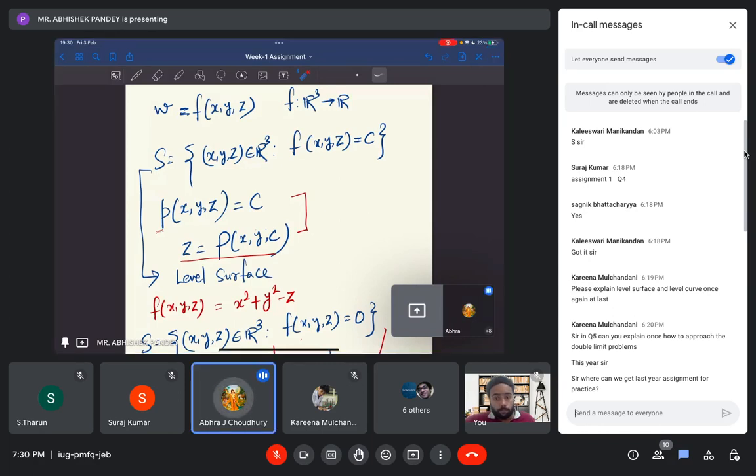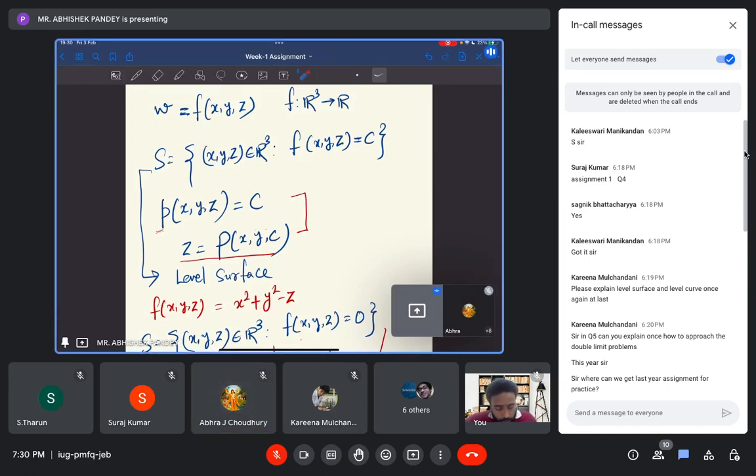So surfaces of which we can draw the graph in 3D are known as level surfaces. Is it clear?